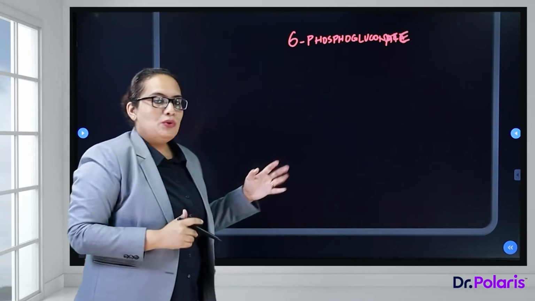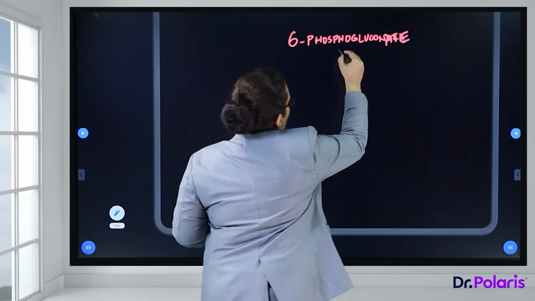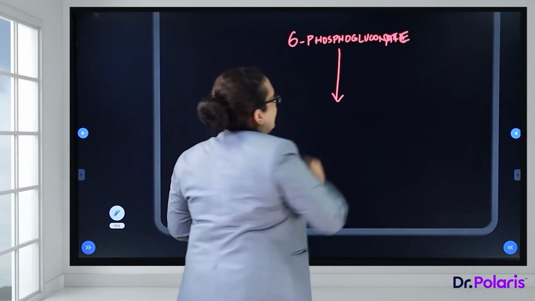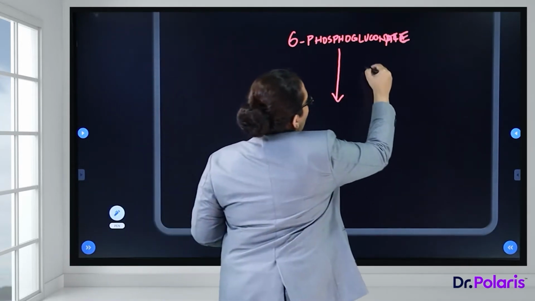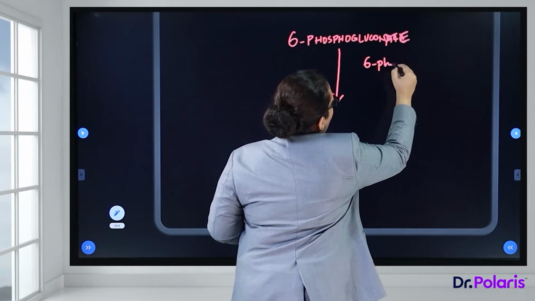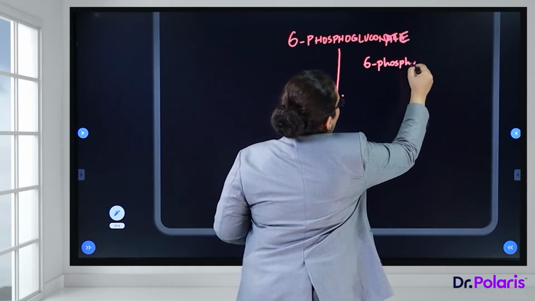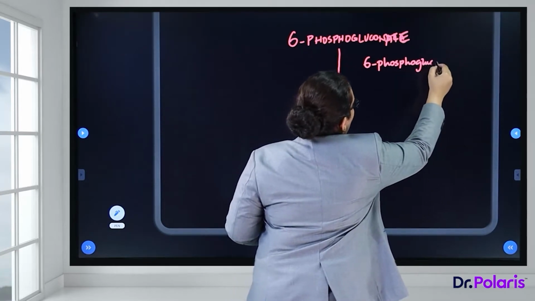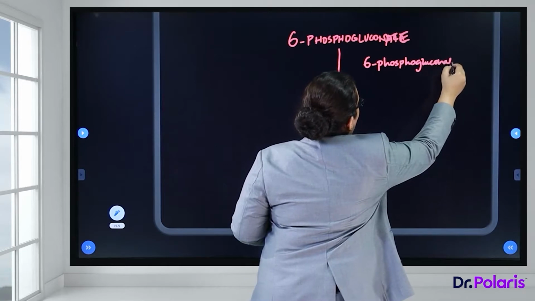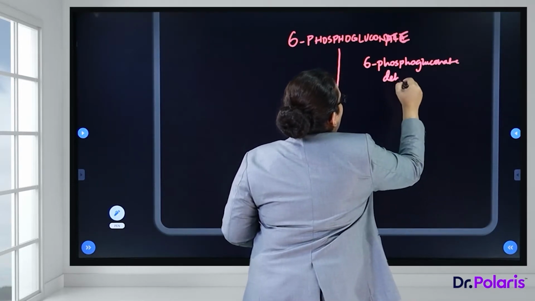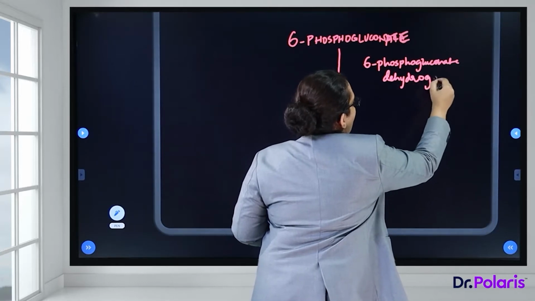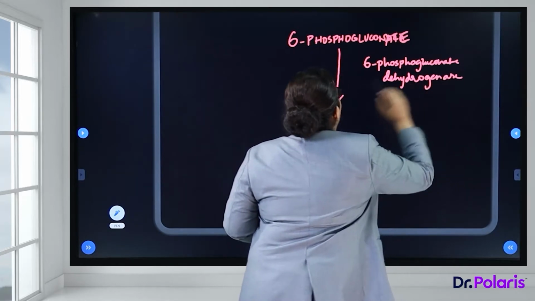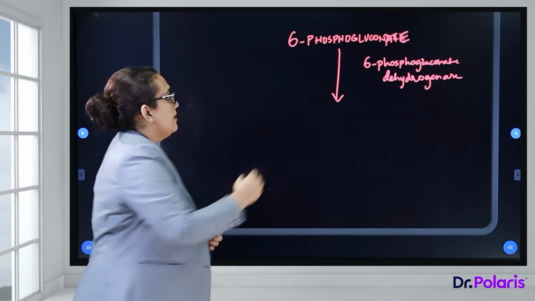6-phosphogluconate undergoes another dehydrogenation reaction, and the enzyme required is 6-phosphogluconate dehydrogenase. Again, for the step which involves removal of hydrogen, a molecule of NADP is required.